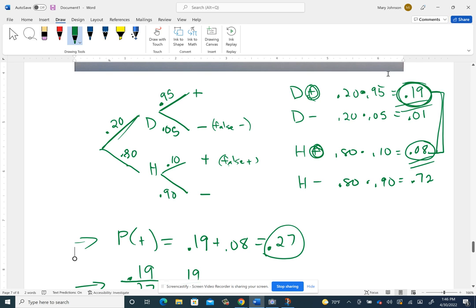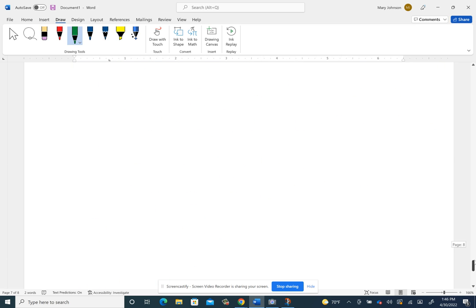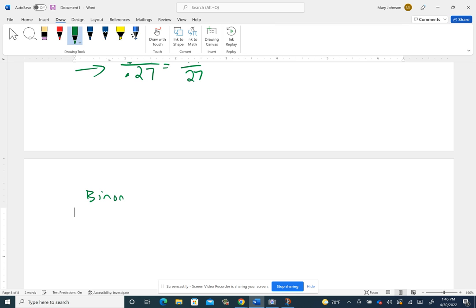So that kind of ends the conditional probability ones. And then we also on that test did the binomial probability formula. Okay, so let's do a couple of those. Binomial probability formula. And you'll have the formula. Just got to know how to use it, how to set it up. So it's the probability of this many successes.